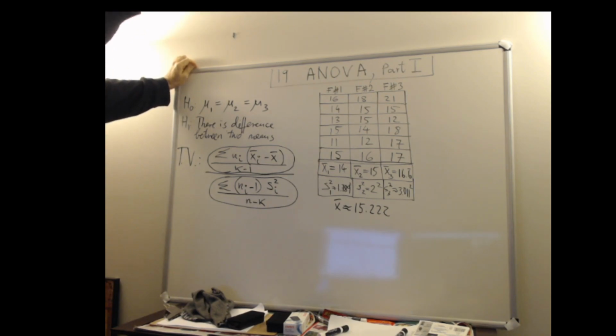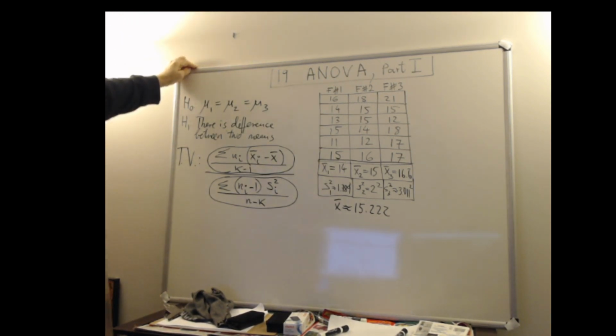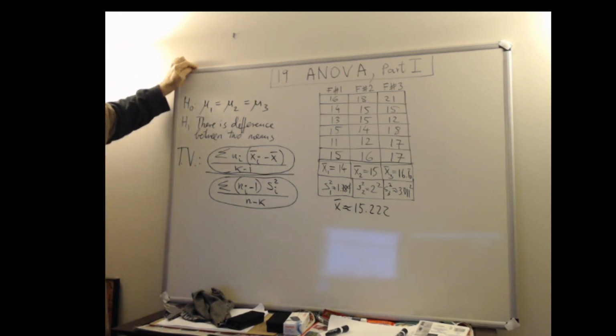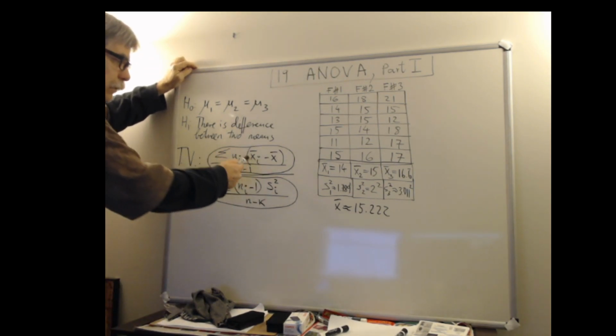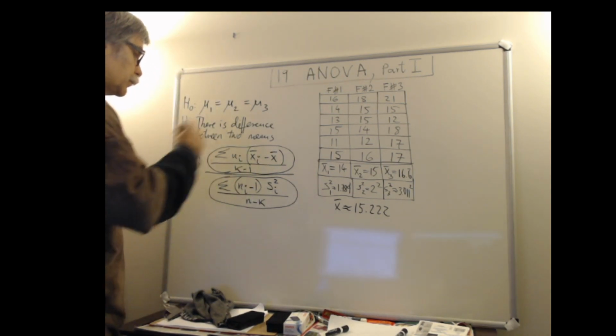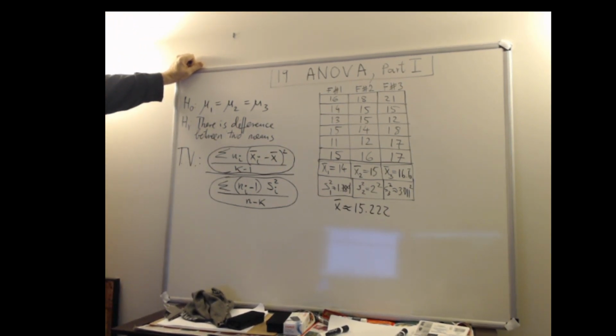Because then one group is going to give a bigger yield, another group is going to give you lower yield. So there'll be some difference here if there is a difference between the groups. So this number, oh, I forgot to put a square here, sorry. This number plays a role. If there is a difference, you will get that number bigger.